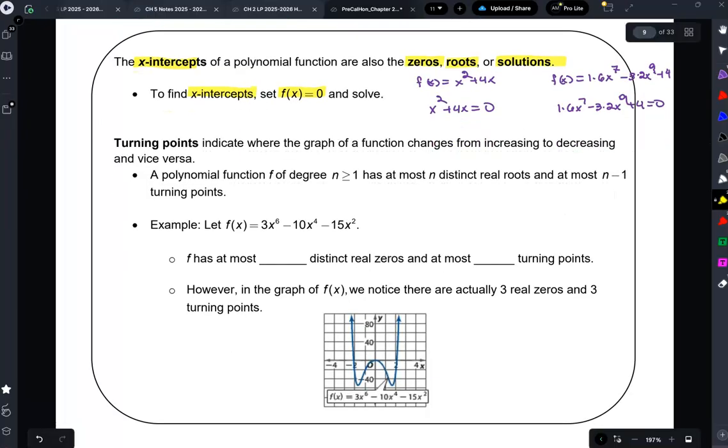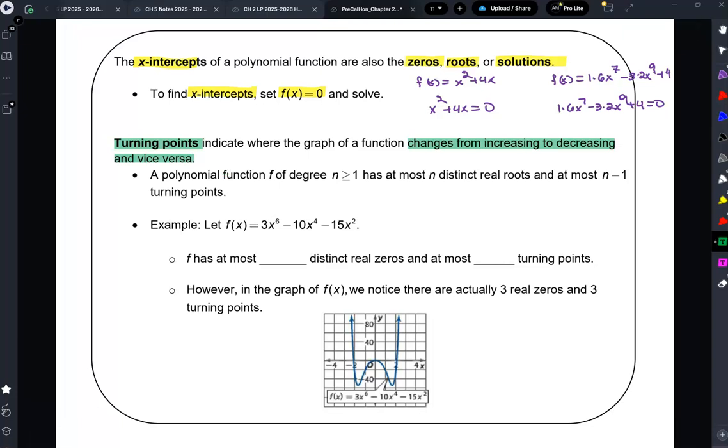Next, what we're going to talk about are what we call turning points. Guess what turning points are? They're points where the graph does what? Turns. They're points where the graph turns. So we don't say the graph turns, we say the function changes from increasing to decreasing and vice versa.